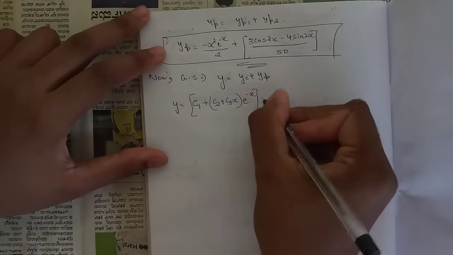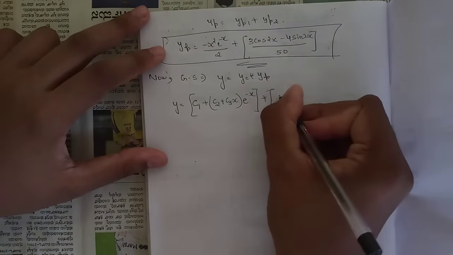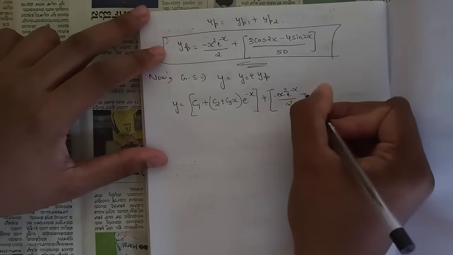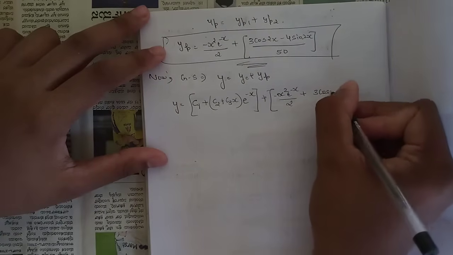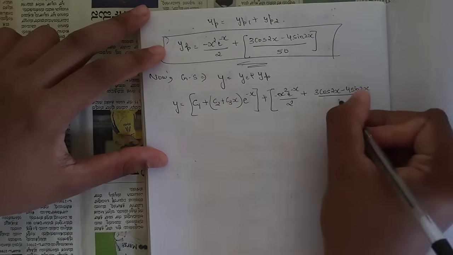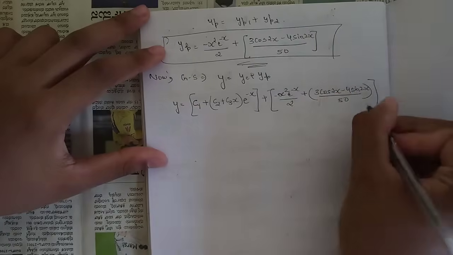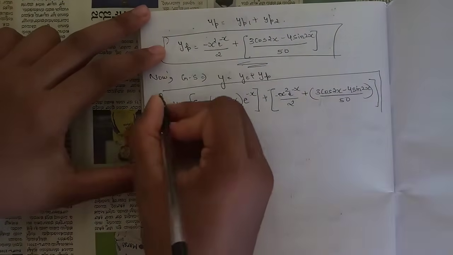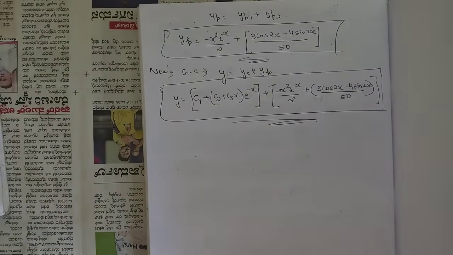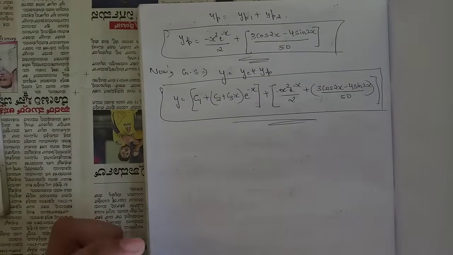So this is our yc, plus the particular integral, which is minus x square e power minus x by 2 plus 3 cos 2x minus 4 sin 2x upon 50. So this is your final general solution for this problem.